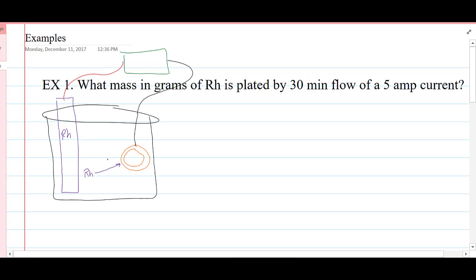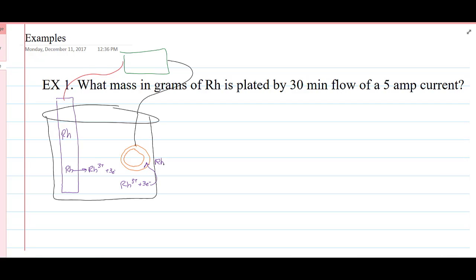So rhodium, what are my equations? Rh going to Rh3+ plus 3 electrons, and then Rh3+ plus 3 electrons going to Rh. And why is it evenly coated?